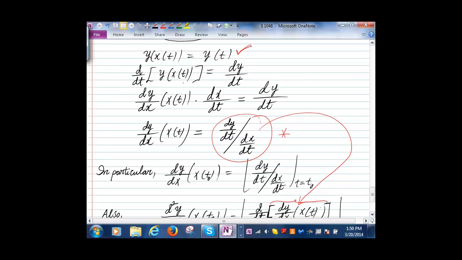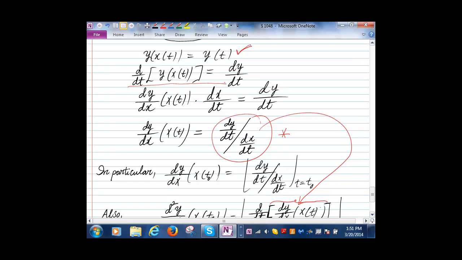So when I take the derivative of both sides here, the right-hand side is just the derivative of y with respect to t, that's clear. But the left-hand side, I am taking the derivative with respect to t of a composition of functions, right? Where the outside function is y, and the inside function is x of t.